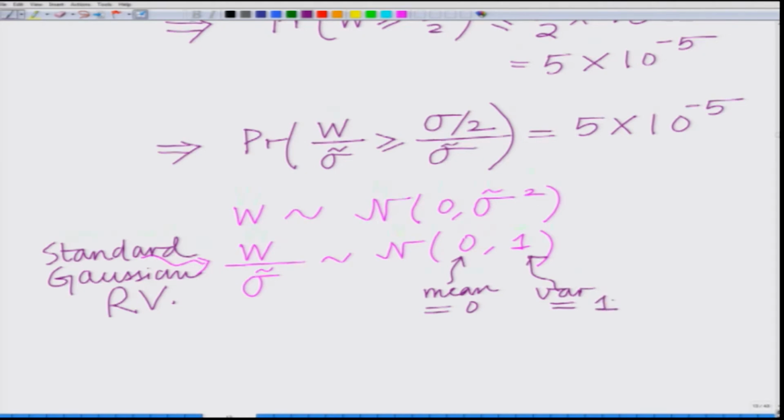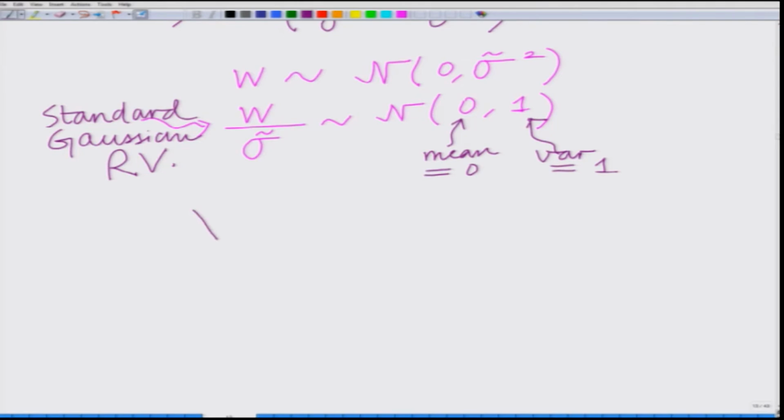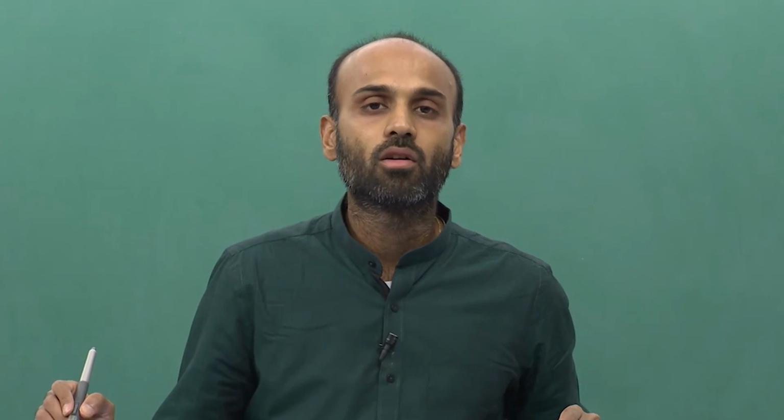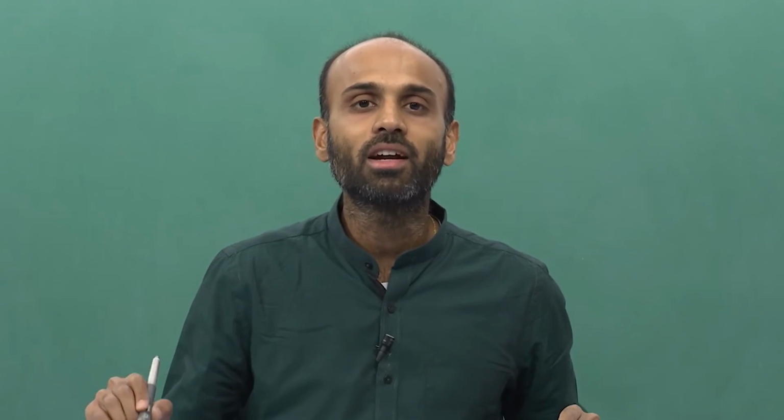For any Gaussian random variable x with mean mu and variance sigma square, x minus mu divided by sigma is also Gaussian with mean 0 and variance 1, that is, a standard Gaussian random variable. W already has a mean of 0, so w divided by sigma tilde has mean 0 and variance 1.